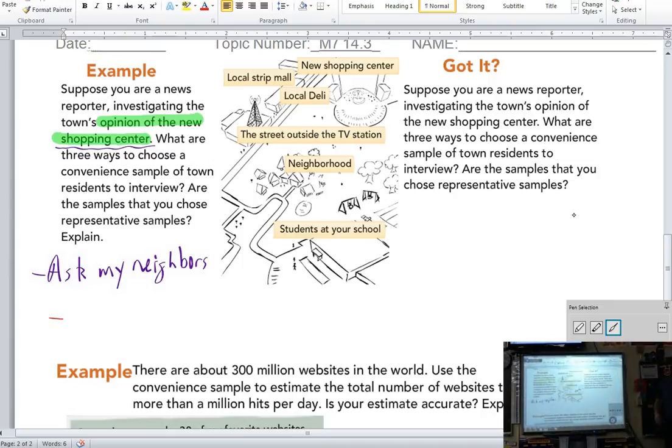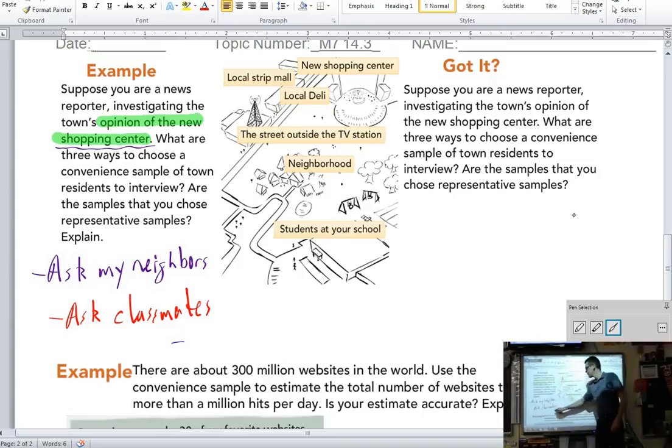What's another way that we could survey? Ask your classmates. And a third way. Ellie, what do you think?